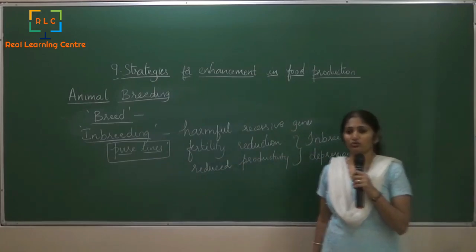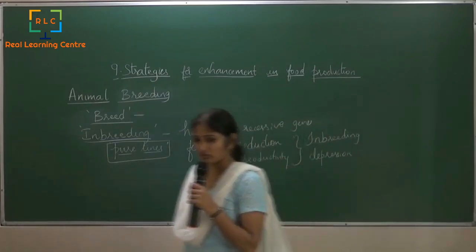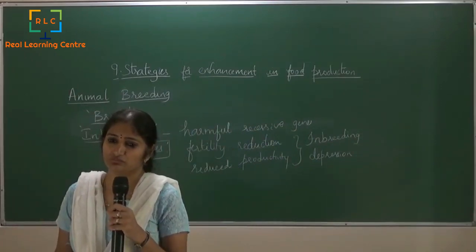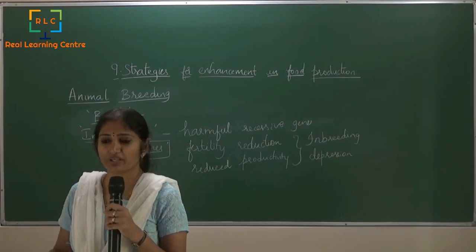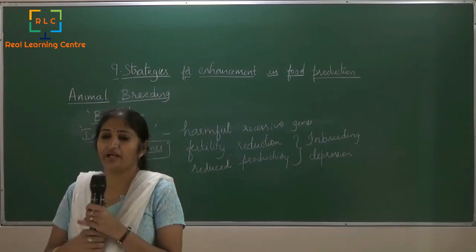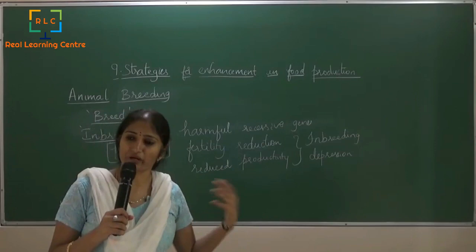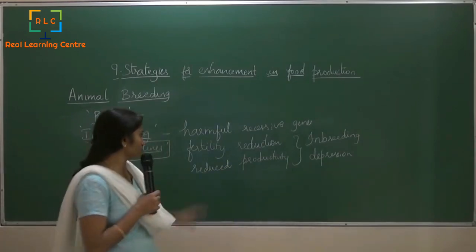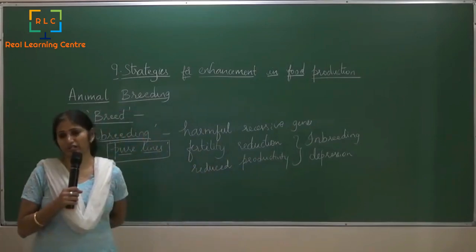Okay, so then what generally people do is they take the superior males of some breed, and they will take the superior females of some another breed, and they try to breed, and this restores the fertility and the productivity.